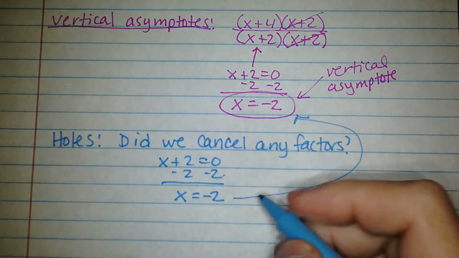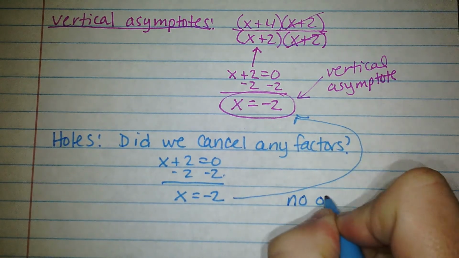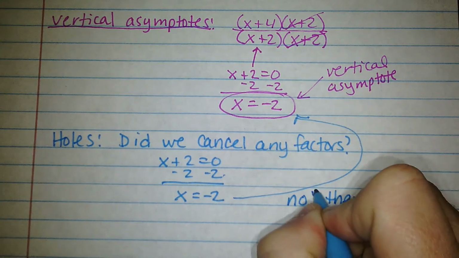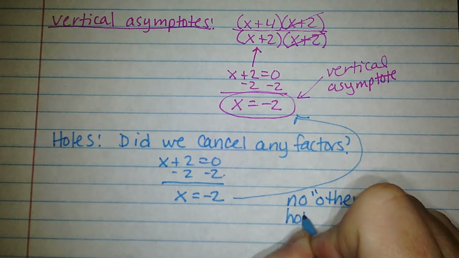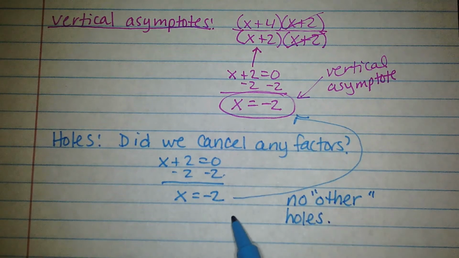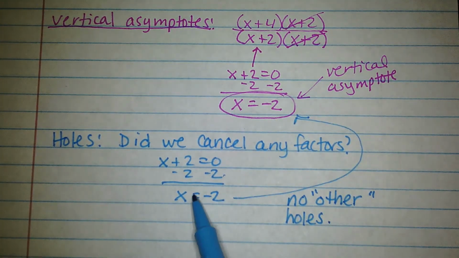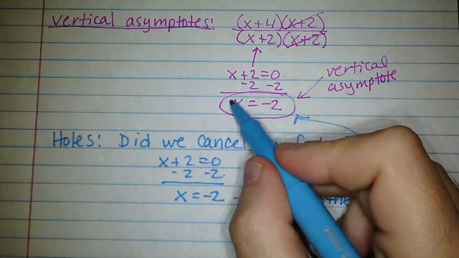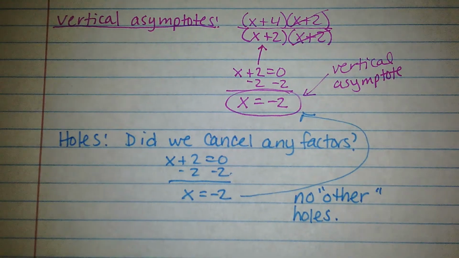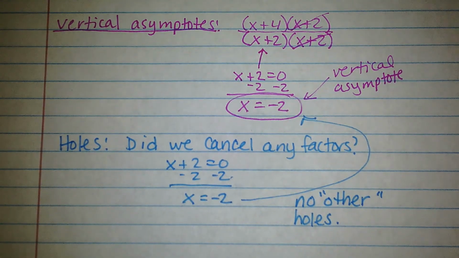So there really isn't a hole. We'll call it no other holes. This one is in the vertical asymptote, so we don't have to find the coordinate for that because it's already included in our vertical asymptote. So just wanted to make sure that I explain that to you.